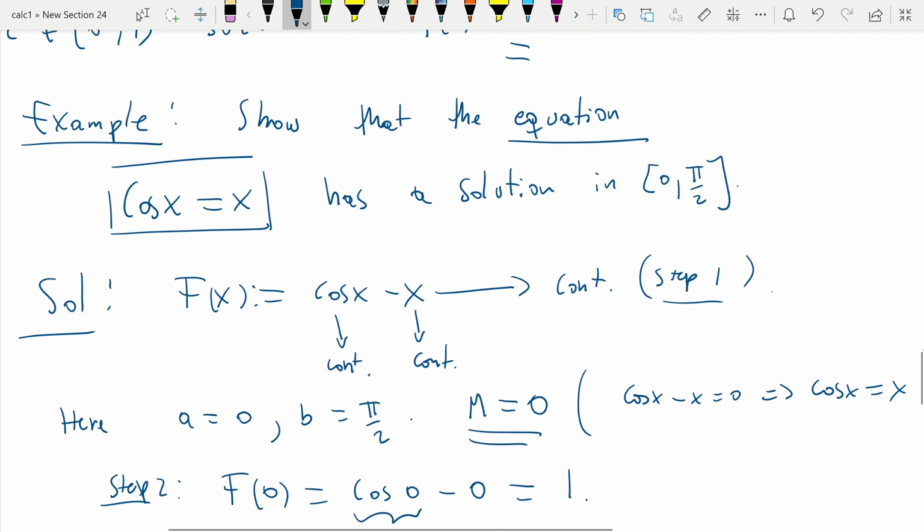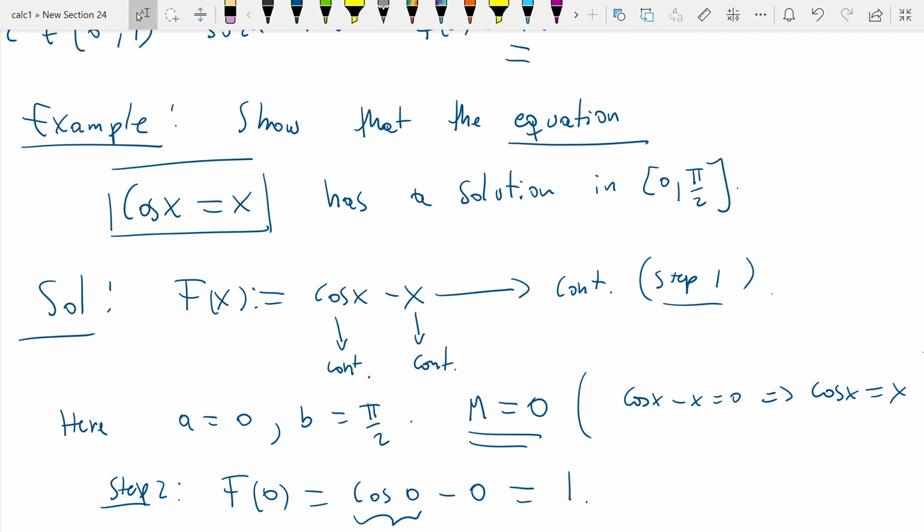This is another way in which you can apply the intermediate value theorem. So when they ask you to show that a certain equation has a solution, and typically the way you do that is you move everything to one side and call that your function f.